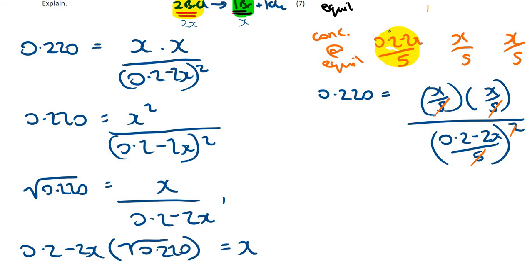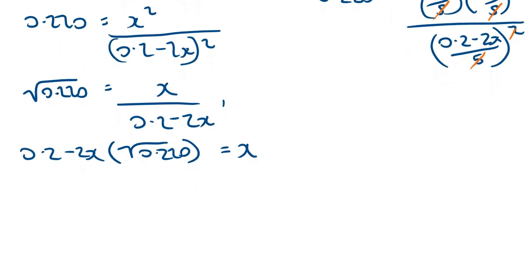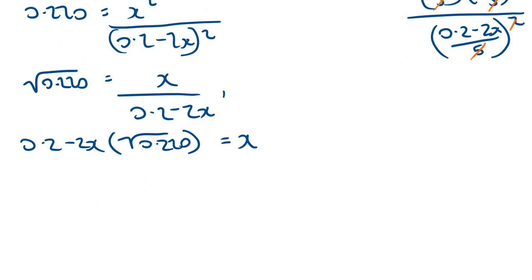Now if I can solve that linear equation, then I'll have my answer. So I've got 0.2 times root 0.220, which is actually just 0.0938, minus 2x times root 0.220, which is 0.938x, is equal to x.